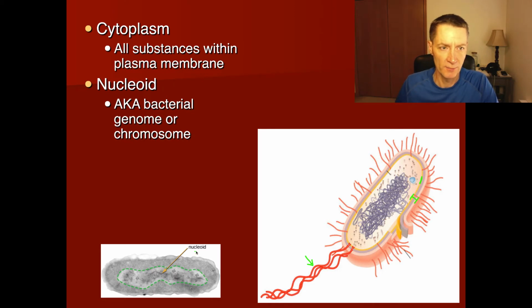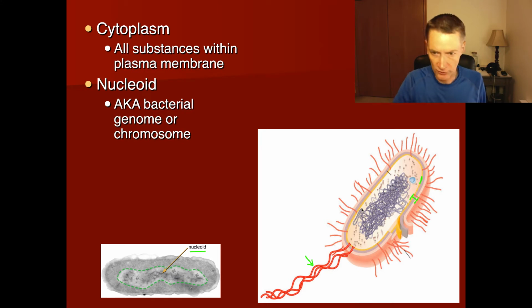So here we see something called the nucleoid, and you see here in the dashed green line down below that the nucleoid exists, taking up a good part of the center of the cytoplasm. Now, this look will change when the genetic material is being replicated. And if you look closely, there are actually a few places here inside the cell.